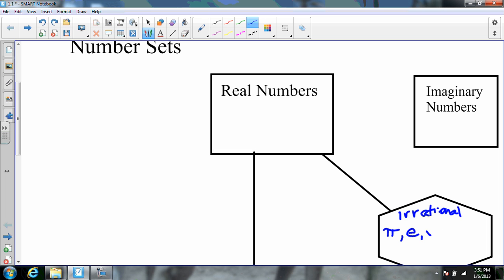Imperfect squares, so say the square root of 5, or decimals that don't end or repeat. And then in a different category that is not in real numbers is imaginary numbers, which is i, the square root of -1.